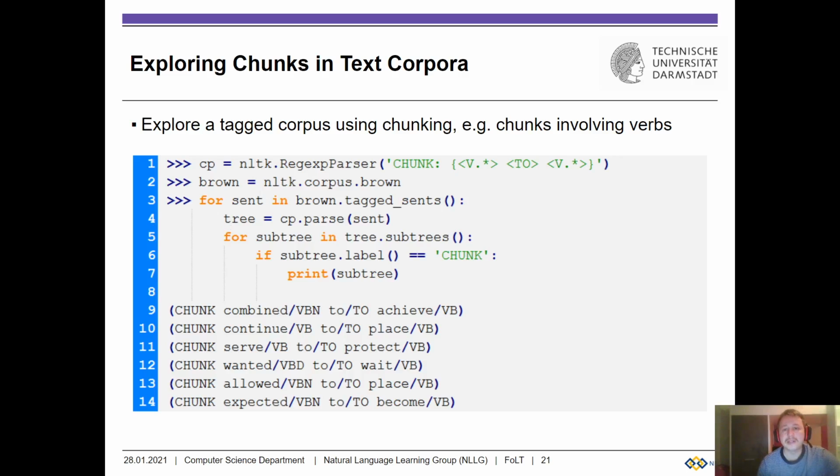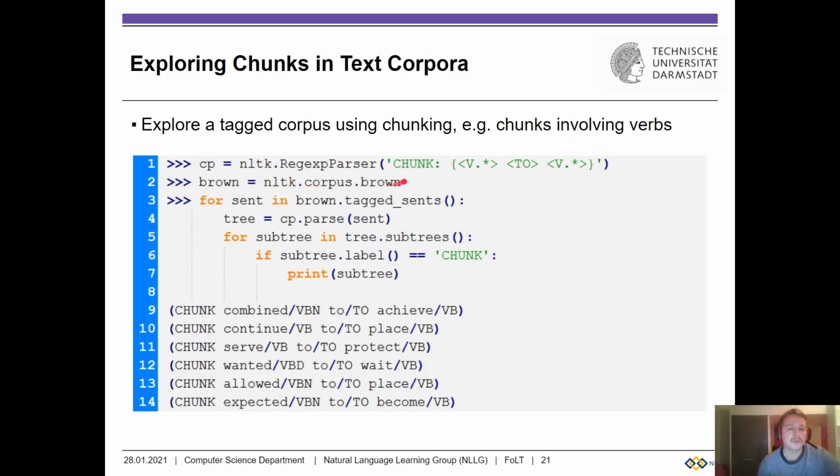And the cool thing that we could do is explore a tagged corpus using such a grammar. So we can define our own little chunking grammar, where we define the chunk that we are interested in to be a verb, or a subcategory of verb, then a form of to, which has the part of speech tag TO, and then another form of a verb.